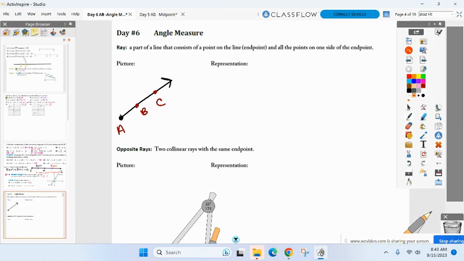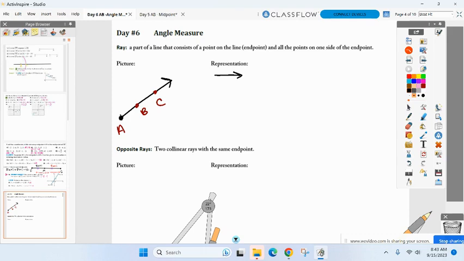Naming it now. With a line, the order doesn't matter. With a segment, you just have the endpoints. It matters now. How you name this matters. First, the symbol is a smaller ray, just like it was a smaller line and a smaller segment. But the endpoint has to come first.